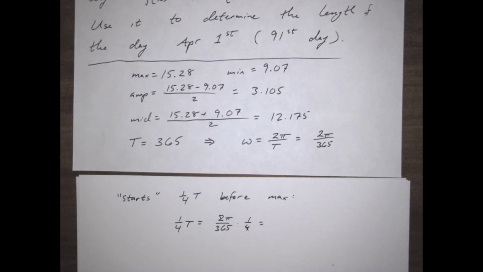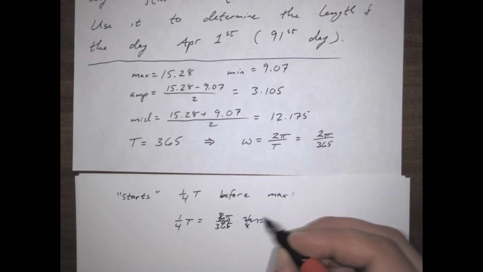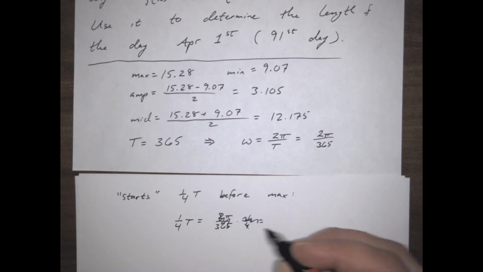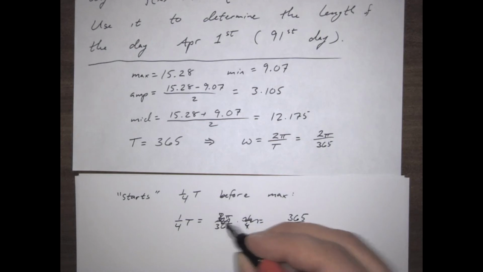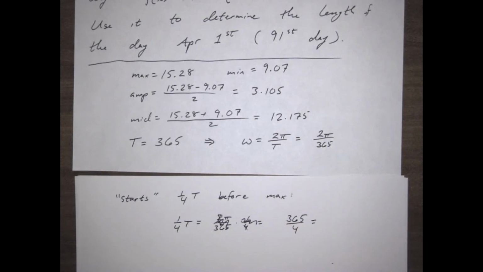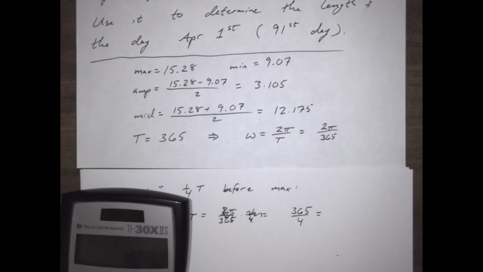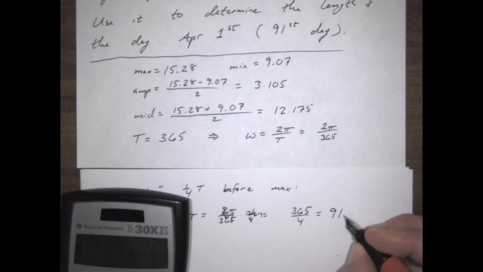Oh, sorry, that's omega. That's not the period. So the T is 365, so that's going to be 365 over 4, which here it'd be better to just get as a decimal, which is 91.25.